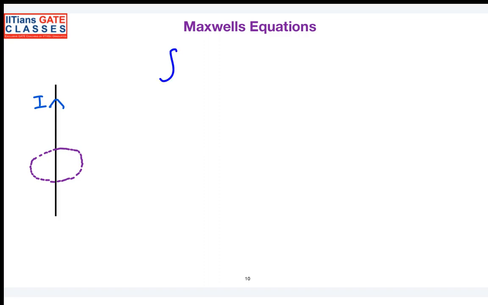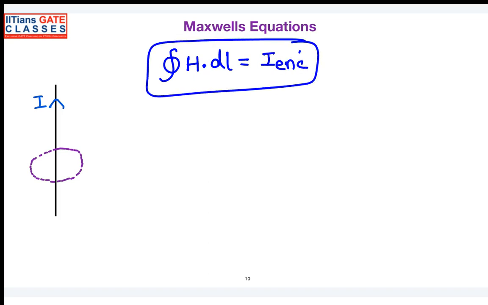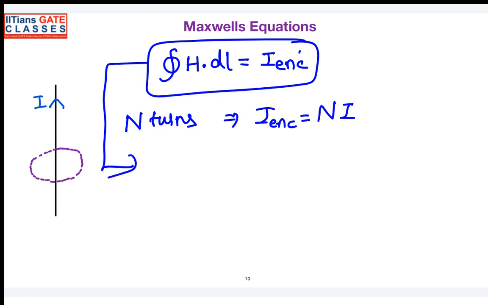So finally what it says, when you are doing the line integral of magnetic field intensity, this will be equal to I enclosed. So for n turns around a wire, the total enclosed current will be n times the current flowing through it. Now the same thing I will try to put in vector notation.